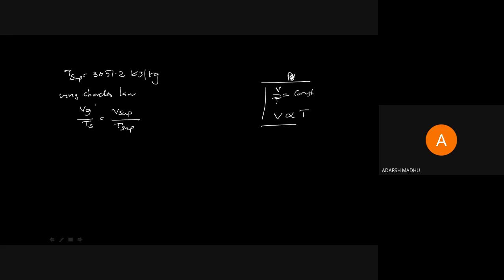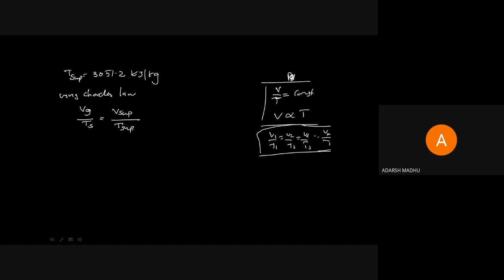Saturated state equal to superheated state, that is what we equate. V by T equal to constant, that is V1 by T1 equal to V2 by T2 equal to V3 by T3, up to Vn by Tn. That is the law. Therefore, we can take the relation Vg by Ts, the saturated state, equal to V superheat by T superheat.